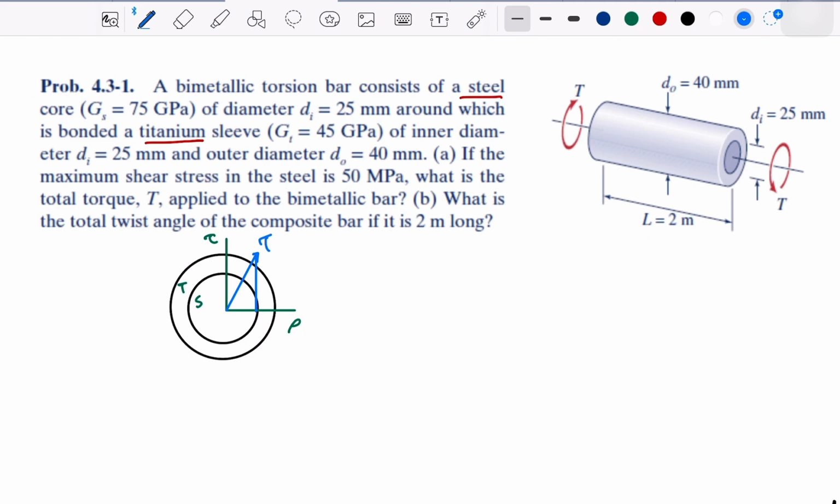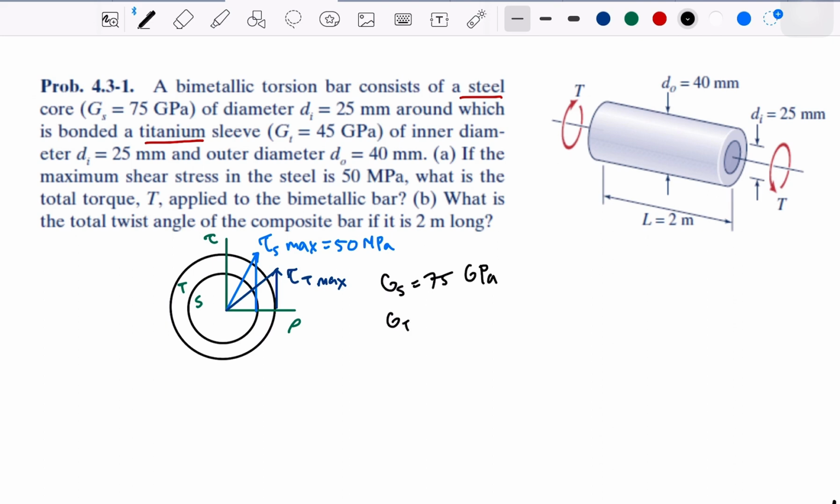This is the tau steel max, which is 50 MPa, and this will be the tau titanium max. Okay, so let me write again. G steel is 75 GPa.